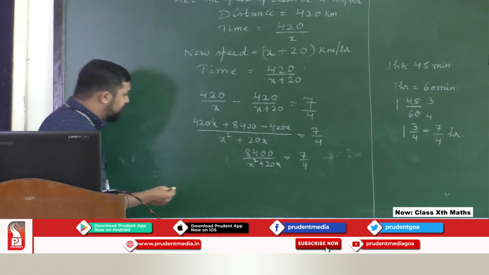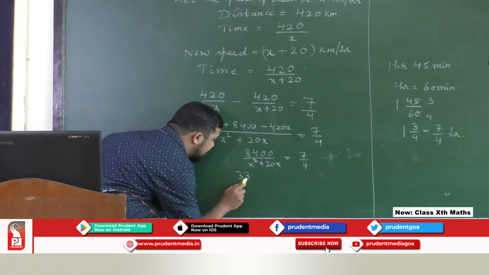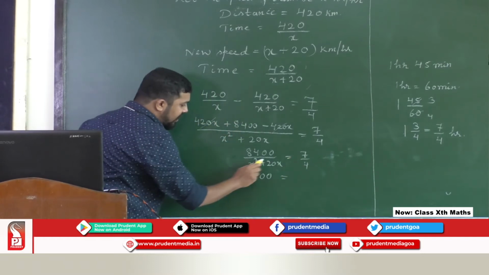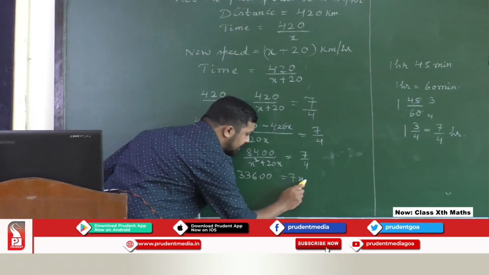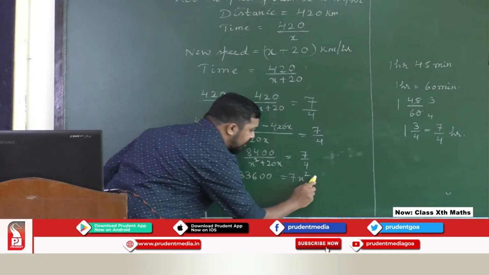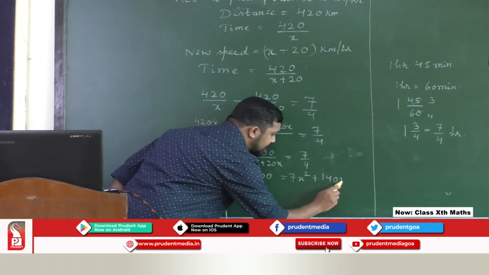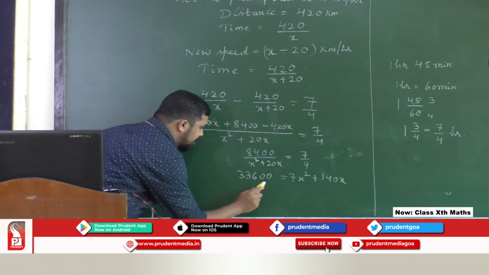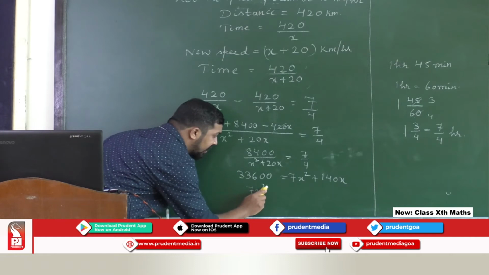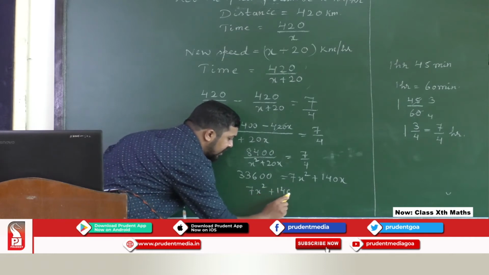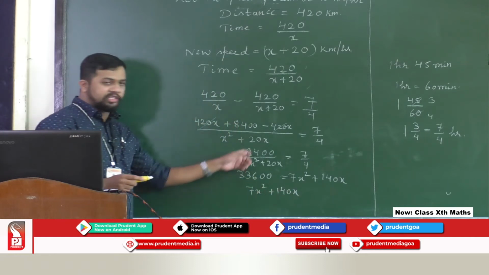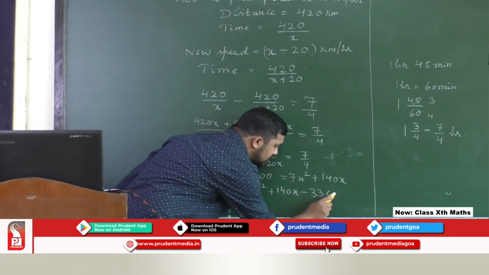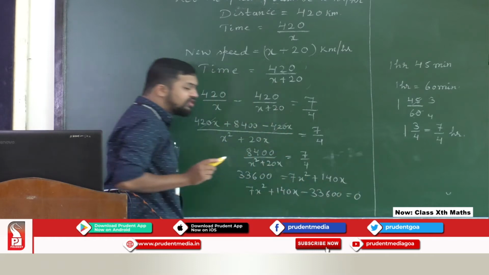So 84 into 4 you will get 336, put 2 zeros, equal to 7 into x square, 7x square, 7 2s are 14, so 140x. Take this 3360 on the other side, which gives you 7x square plus 140x. If you take this positive term on the other side, it will become negative, minus 3360 equals 0. So this is your expression.